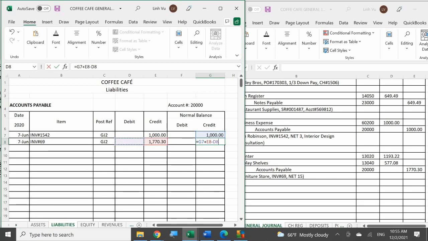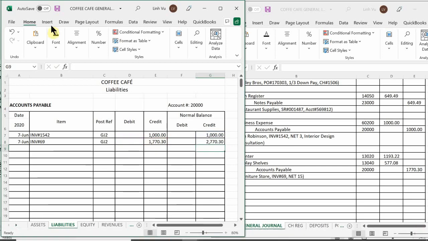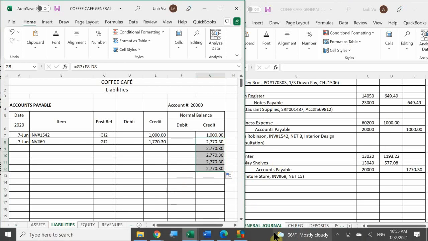Again, up 1 plus left 2 minus left 3. That should give you a running balance of $2,770.30, and you can drag this formula all the way down. So that is my liability account here.